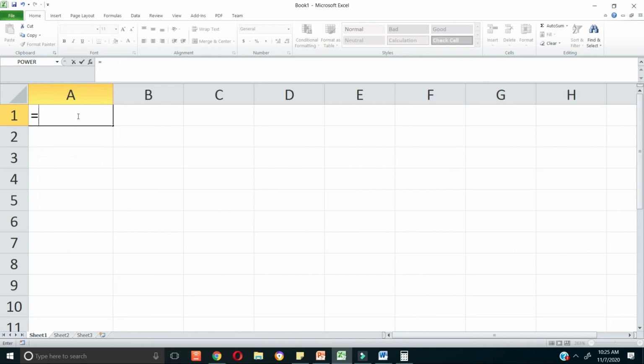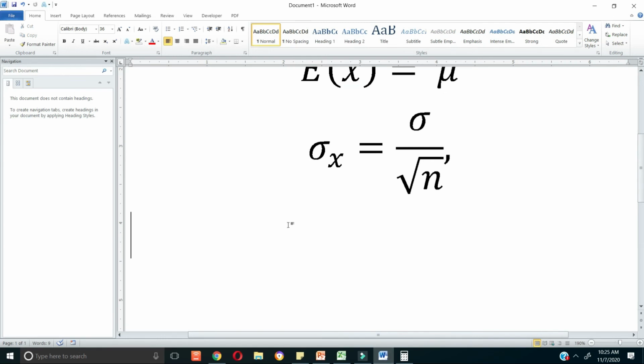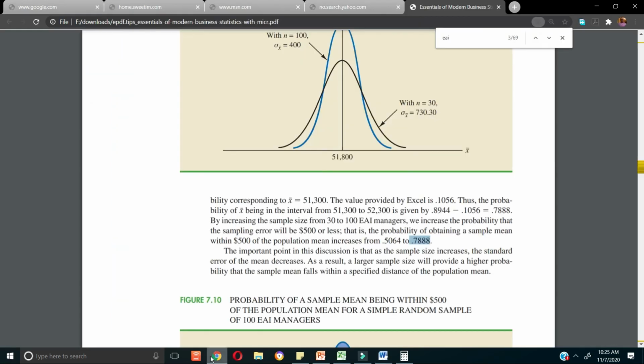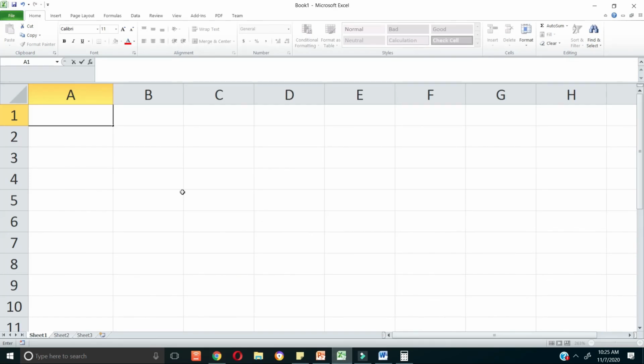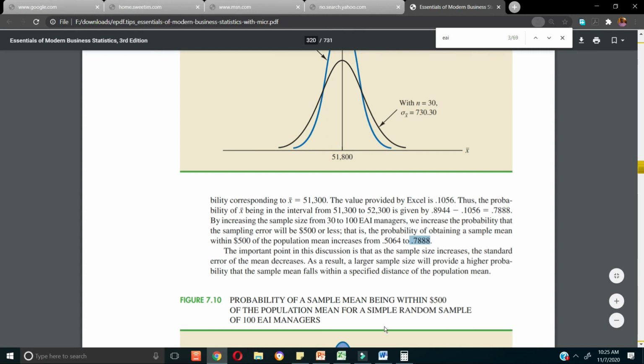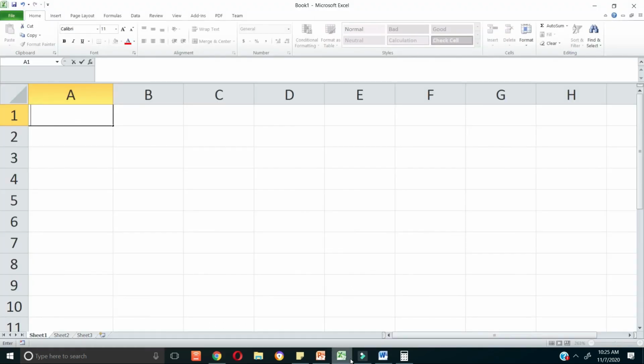Here we wanted the cumulative probability that the value lies between 1.25 and minus 1.25, with a standard deviation of 400 and a mean of 51,800, because the mean remains 51,800. This is faster, but of course I didn't want to show you this approach first, because it's not going to be available to you in the exam.